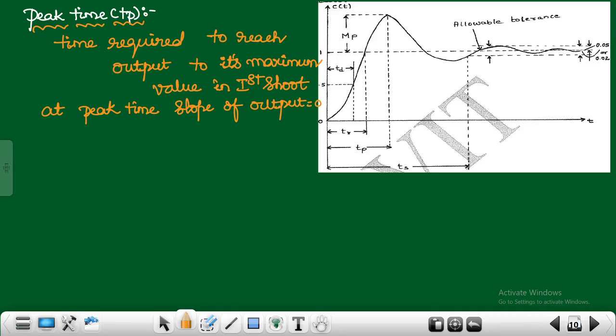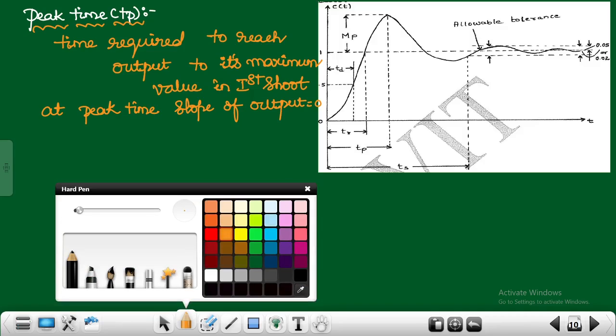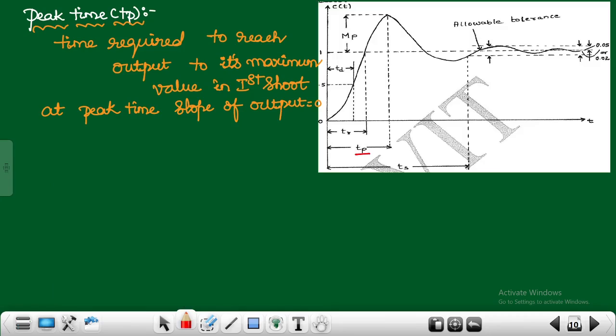Let me show here what the peak time is. So here we are taking the peak time. Whenever you consider the slope at this point, it will become 0. The time taken to reach its maximum value is called the peak time.